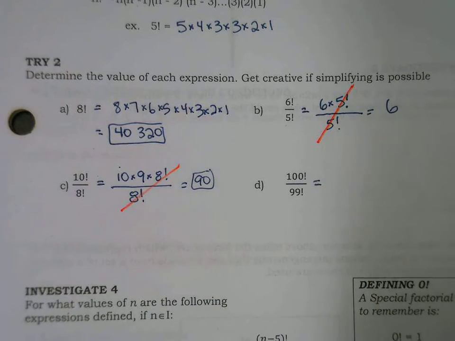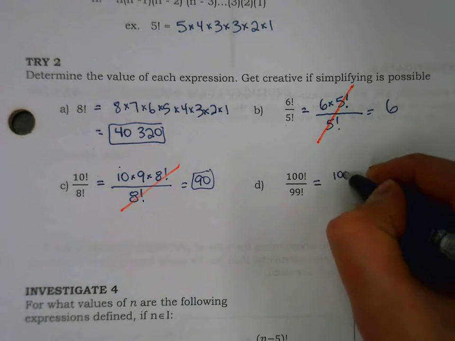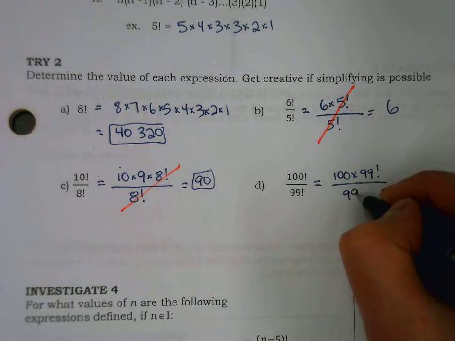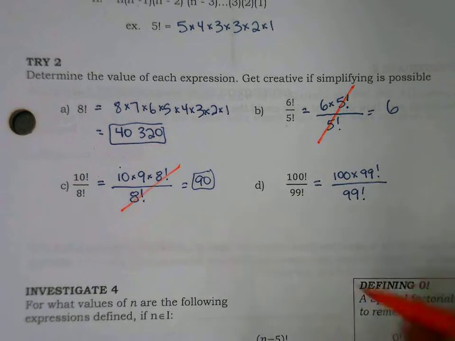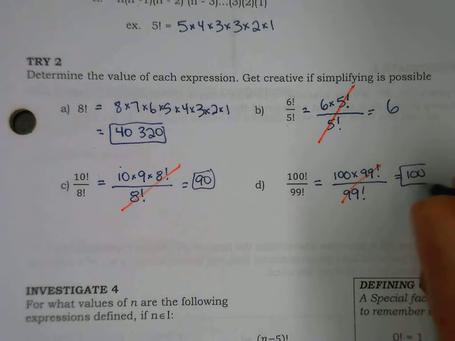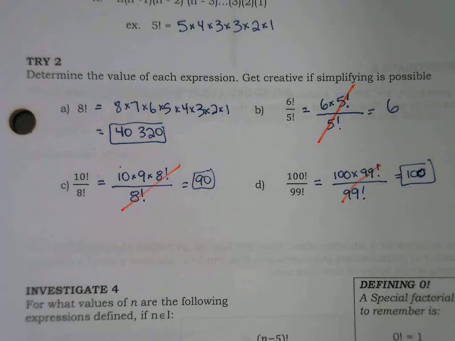So it doesn't mean there's no answer, it just means we need to be creative. 100 times 99 and so on divided by 99 and so on gives us 100. So understand that when dealing with large numbers like 100 factorial, the calculator is very limited.